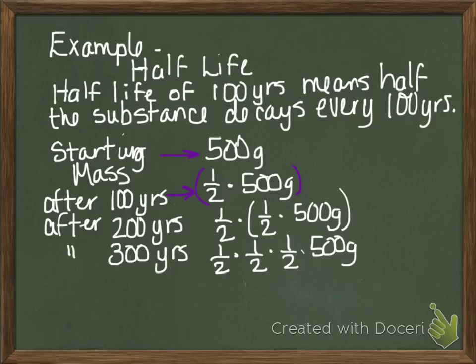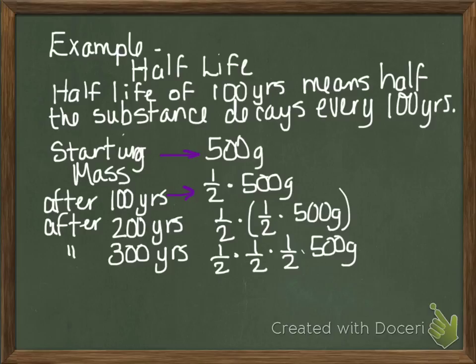So let's write those over here, over on the right-hand side. Okay, so at 100 years, I have 1/2 used as a factor once. At 200, used as a factor twice.